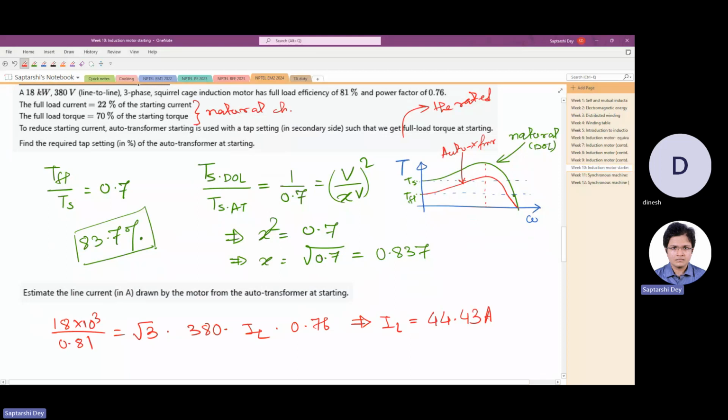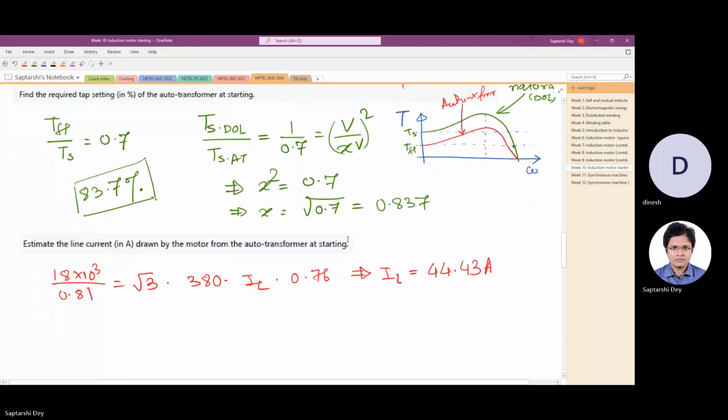Let me do it once again: 18 kilowatt by 0.81 times root 3 times 380 times 0.76.